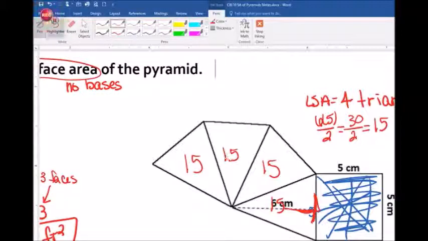So I'm going to take 15 for one of them, multiply it by 4, and I know that my lateral surface area is 60 centimeters squared. Again, I'm going to make a note that there are 4 triangle faces. Are there any questions about finding the lateral surface area of pyramids?